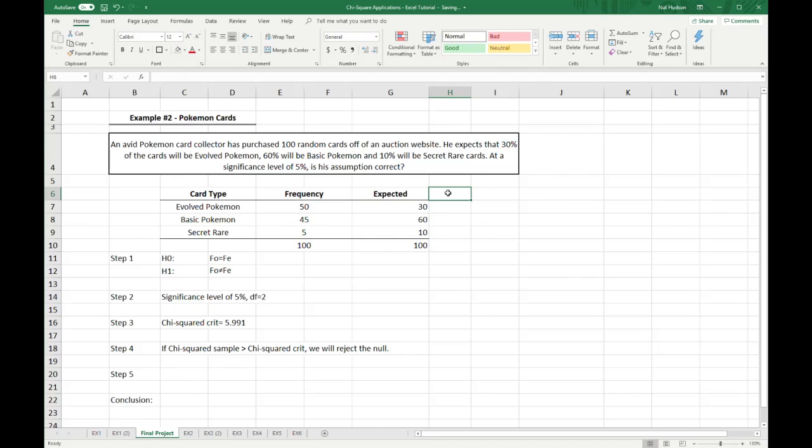Next, we're going to determine the chi-square column based on the chi-square formula, which we'll bring up.